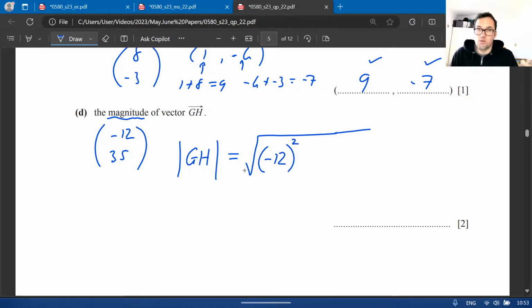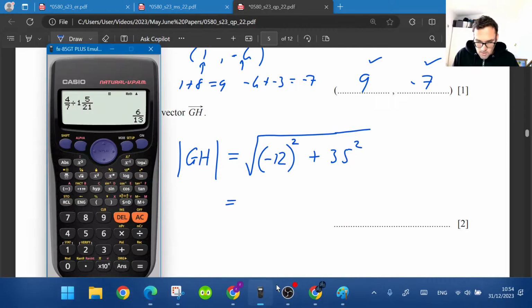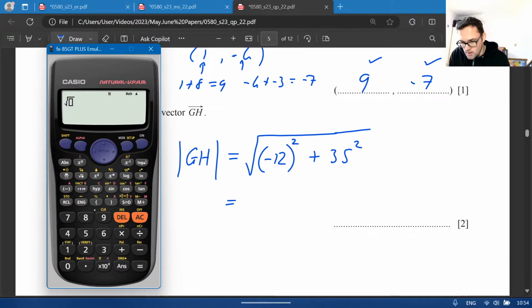Or you can just use 12, because in the end it's just 12 units to the side. It doesn't matter which way you go. It's going to be 12 units. So you can do just 12 squared, but if you're going to put the minus, put it in brackets, because you need to square that negative, and 35 squared. That's all we need to do. Okay, so let's do that in brackets, negative 12, or just 12 squared. 12 squared and minus 12 squared gives us 144. It's the same thing.